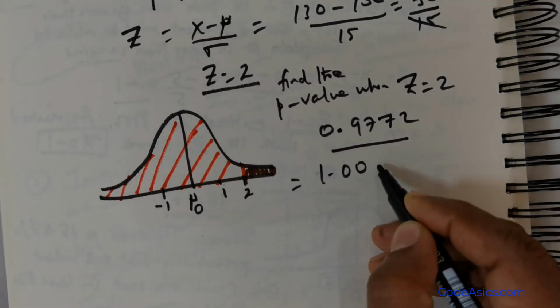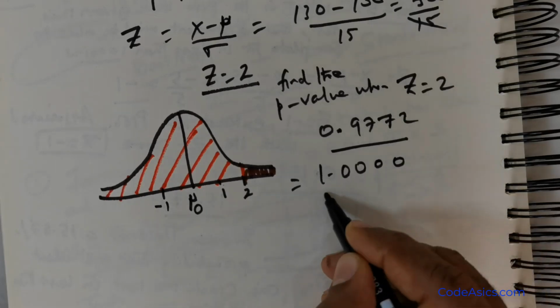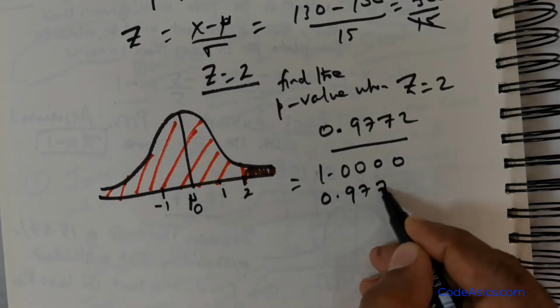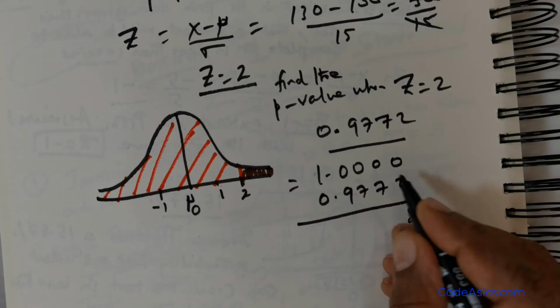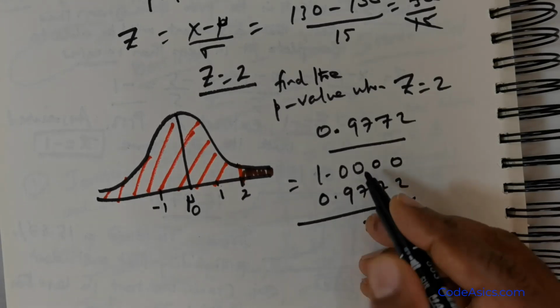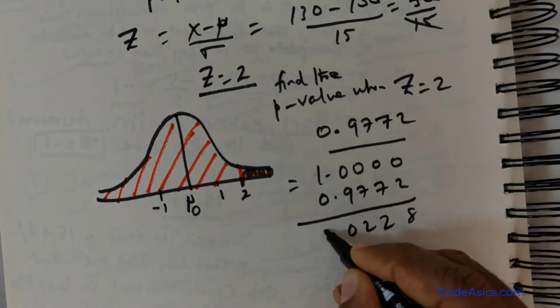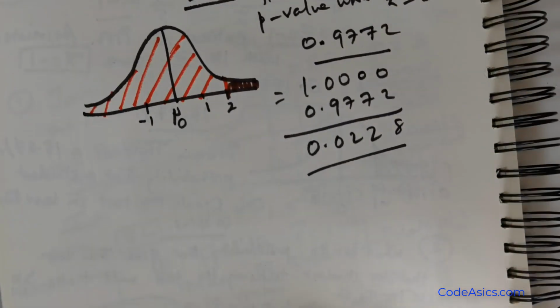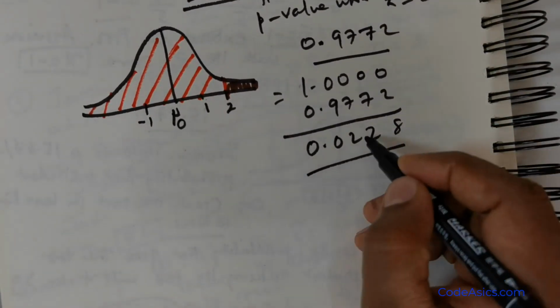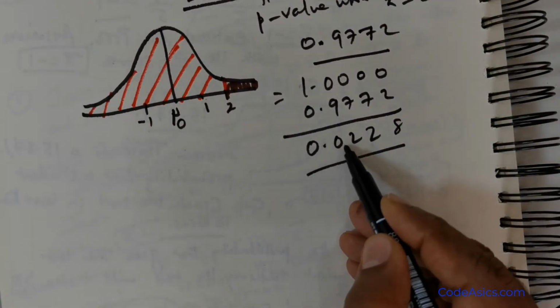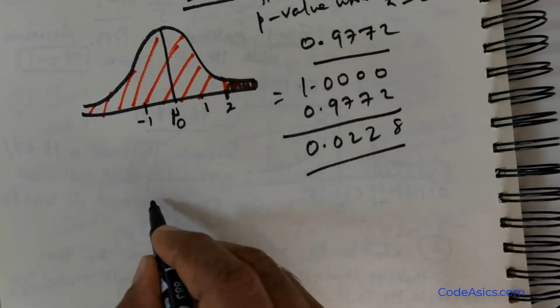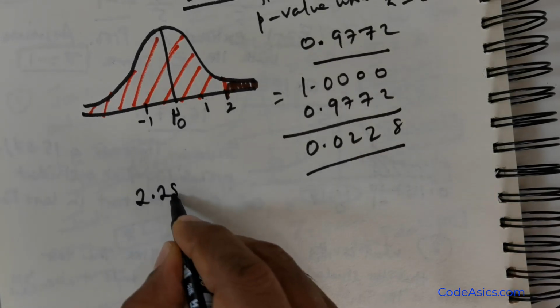by taking 1 and subtracting 0.9772. This would give me 0.0228. Right? So you multiply by 100, you get the decimal being moved two places. So 2.28%.